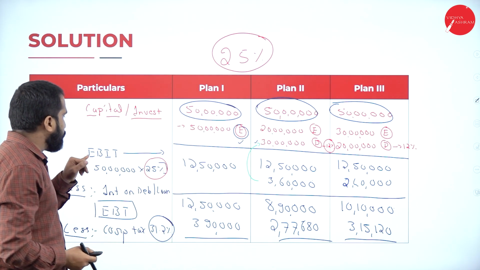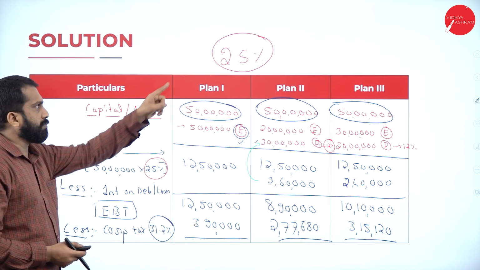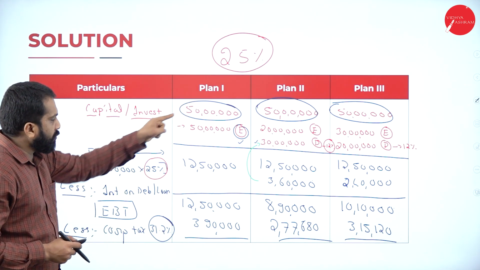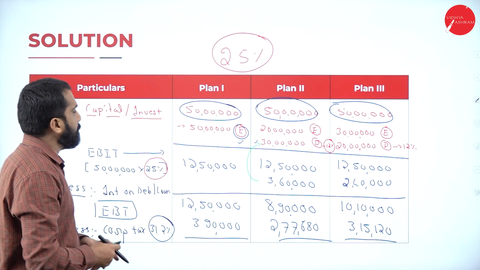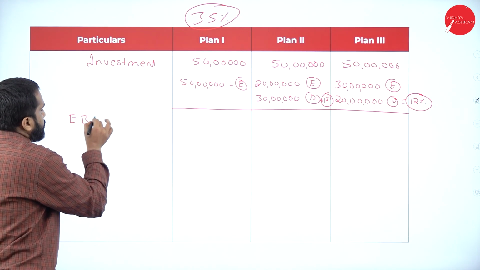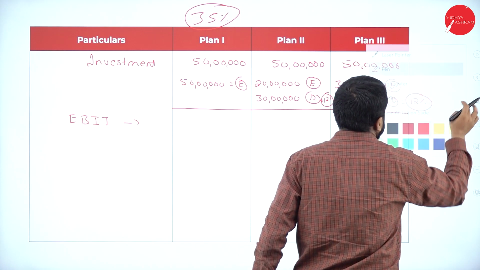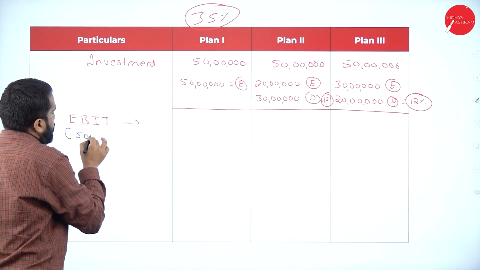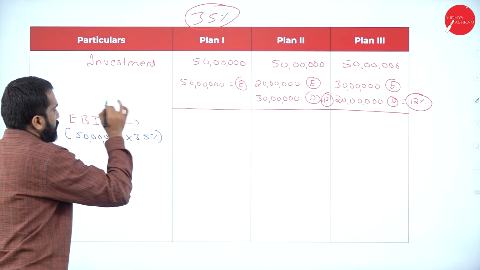Then what is the next procedure? EBIT. It was 50 lakh into 25% because you were doing the problem for 25. Now what we should do? 50 lakh into, very good, it is 35%. Now in this EBIT, you are supposed to do 50 lakh multiplied with 35%.